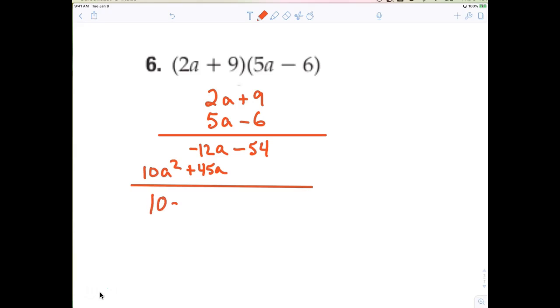So 10a squared plus 33a minus 54. Anybody have any issues? That's really easy, right? Really, really simple. Next week I'll show you how you can literally multiply that in your head and get that answer without doing any work. But right now you have to understand the process.